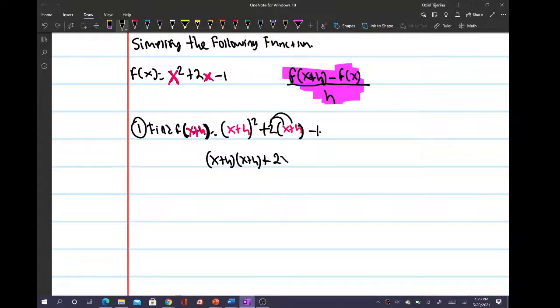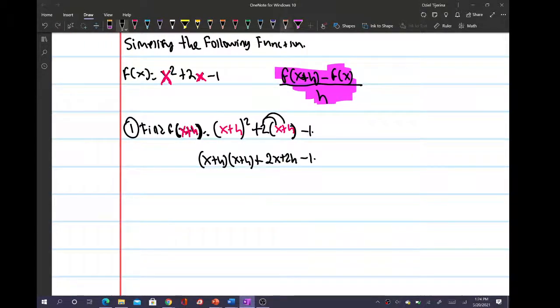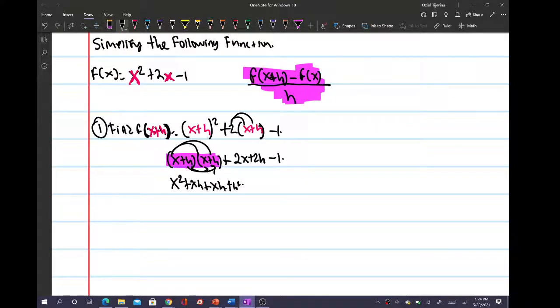So we have 2x plus 2h, and then we have minus 1. Now, we're going to do the FOIL method for this section here, okay? So we have x squared plus xh plus xh plus h squared.